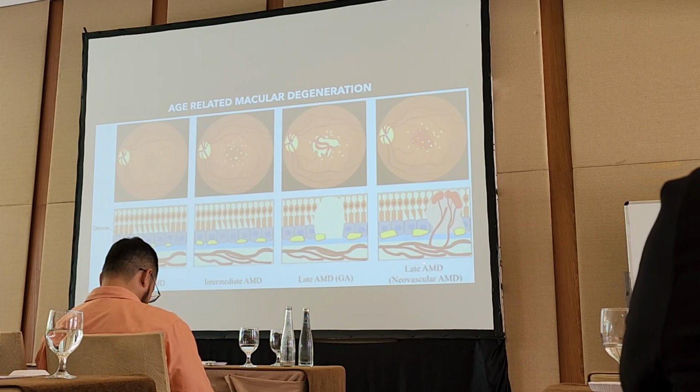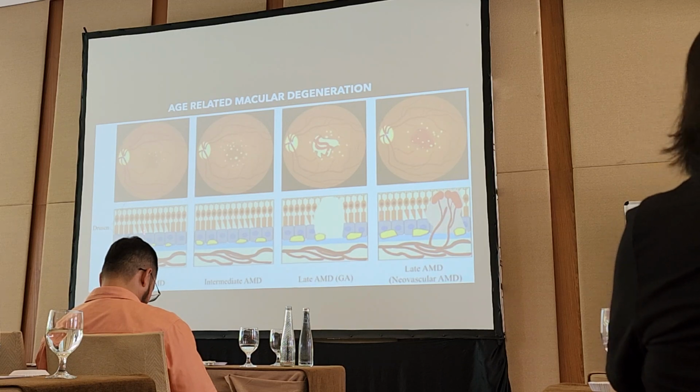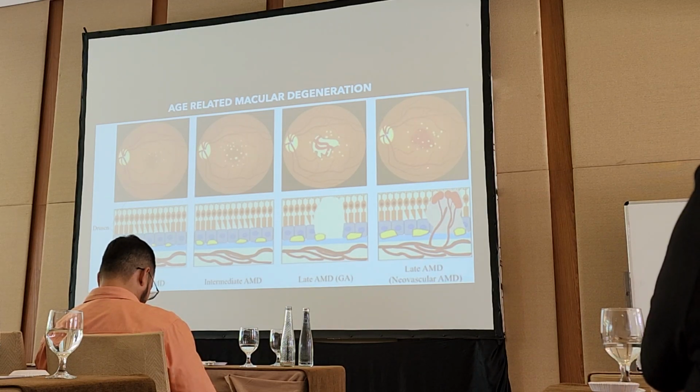And this one, if late AMD or neovascular AMD, can dry AMD become neovascular AMD? They can. So we need to monitor patient with dry AMD over the years. So that's why you need OCT to see whether they will develop neovascular AMD or not. We can see actually from the OCT.